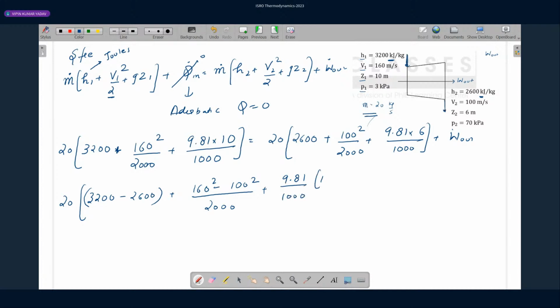By 1000, 10 to the power minus 6 is equal to work output. Have you solved this? Tell me quickly what the answer is. It's very simple. Can you tell me the answer quickly?